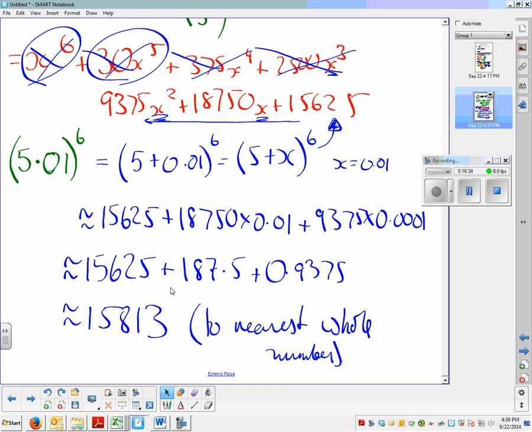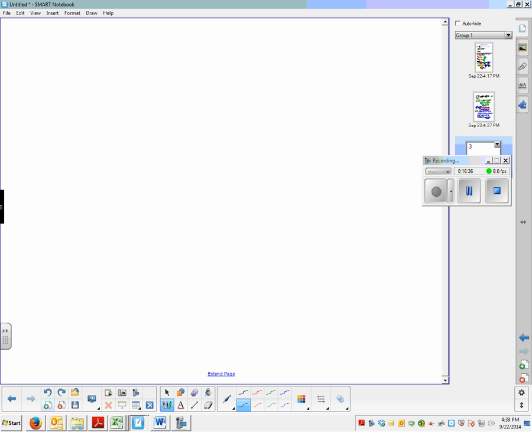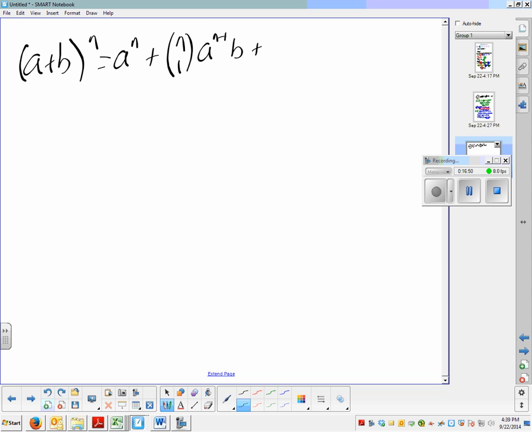And I'm going to leave you a little exercise to have a go at. So I'd like you to use the binomial theorem, a plus b to the n is equal to a to the n plus n choose 1, a to the n minus 1, b to the 1, n choose 2, a to the n minus 2, b squared. Excuse me.